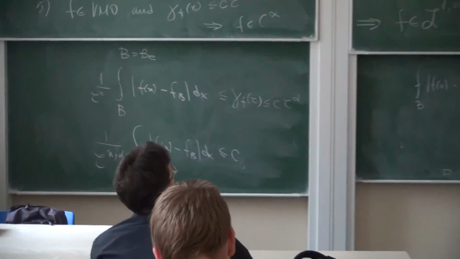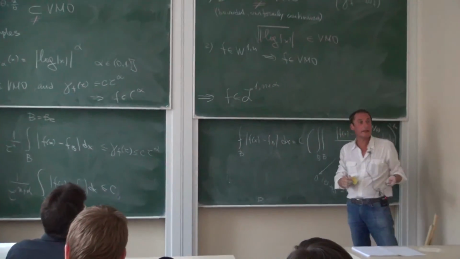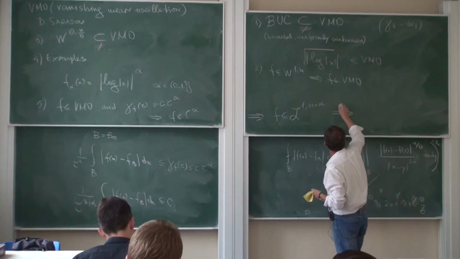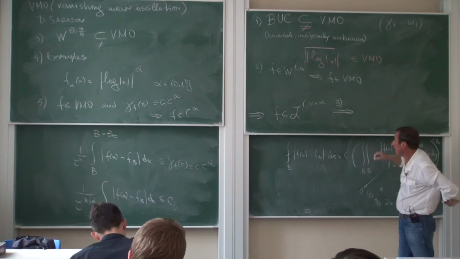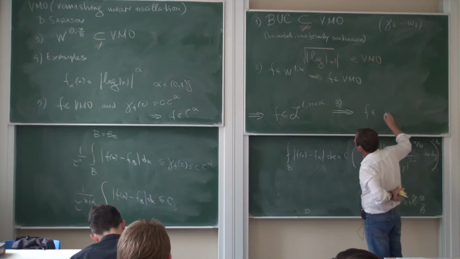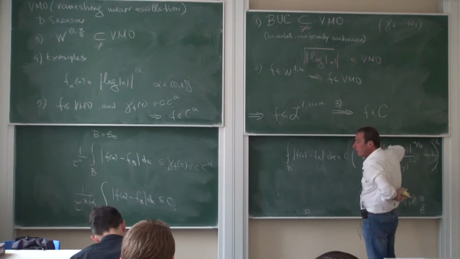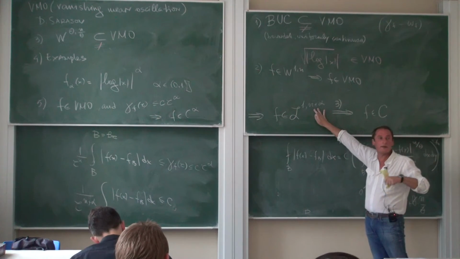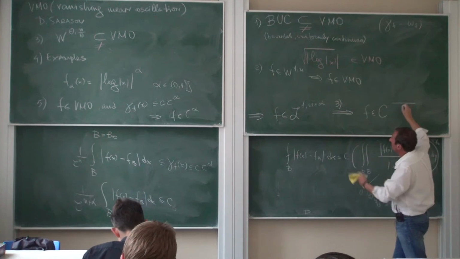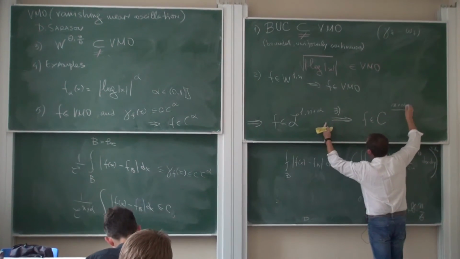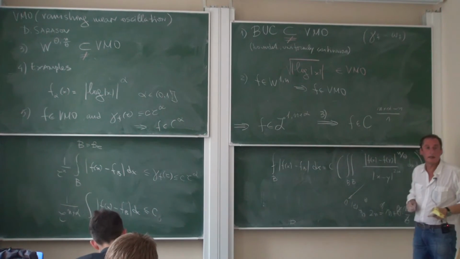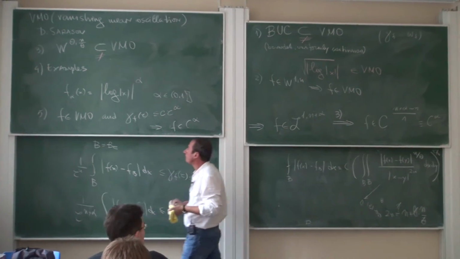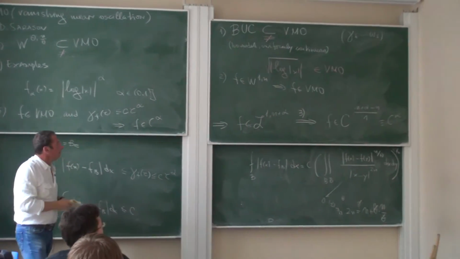And because the second exponent n plus alpha is greater than n, by one of the properties of the Campanato spaces, I think it was the third property, you can conclude that f is in the Hölder space with exponent lambda minus n over p. Lambda is n plus alpha, minus n over p, which is 1. And it is exactly C alpha. It's exactly C alpha.